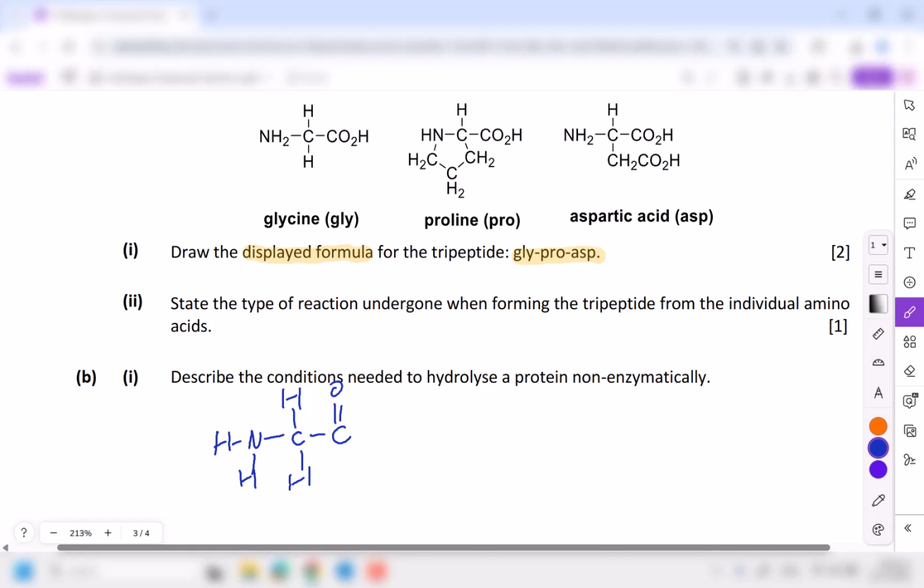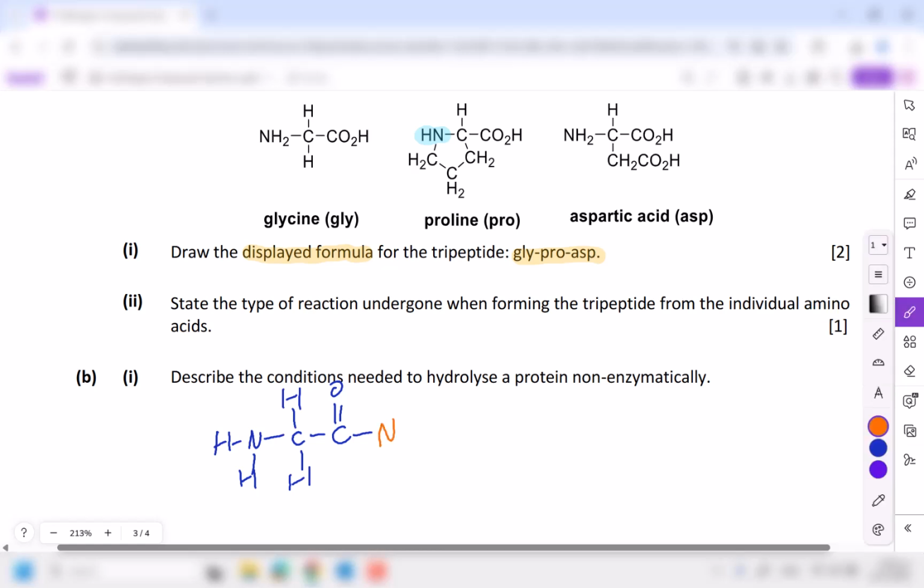I'm not going to draw out the OH. This will be linked to the secondary amine of proline. So this is a secondary amine. I'm going to highlight it in blue. Maybe I should draw it in another color. Now, if it's a secondary amine, I'm going to have an N here.